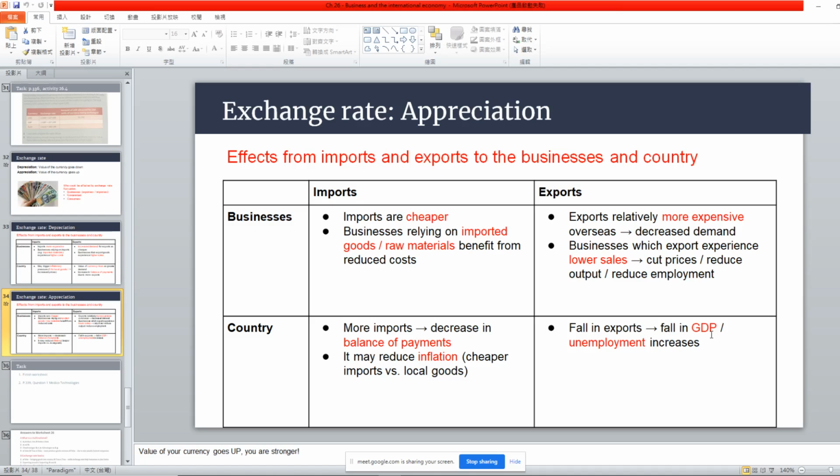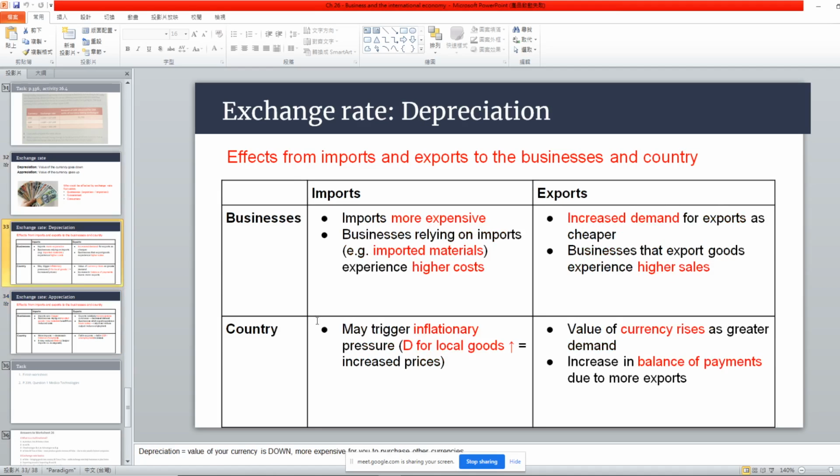With that being said, your economic growth might be lower than before, and because of this, the unemployment rate might increase as well. So you can see, exchange rate is affecting international trade quite a lot. And these are the arguments that we will use.